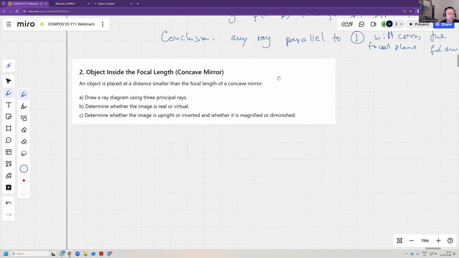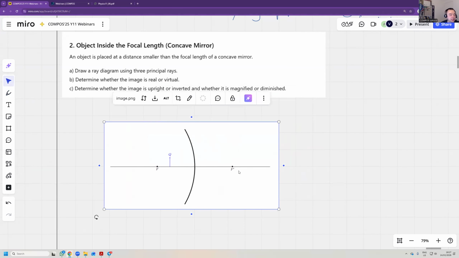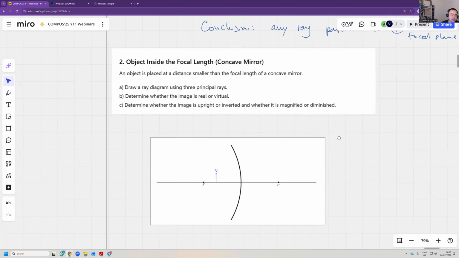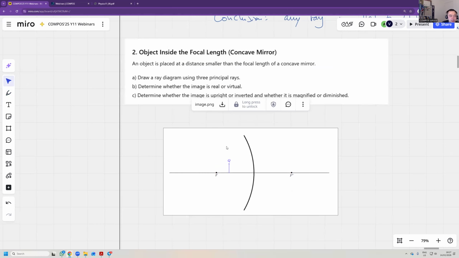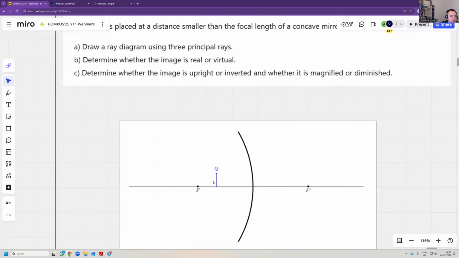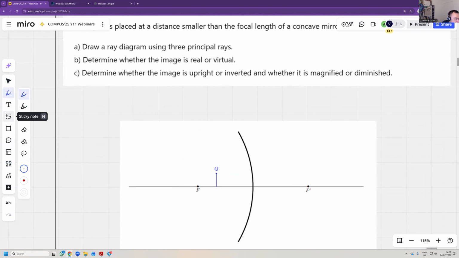Moving on. Objects inside the focal length. So this is, yes, a concave mirror. Object is placed a distance smaller than the focal length. Draw the ray diagram using 3 principal rays. Okay, so literally that. Now we need to double the radius of curvature.